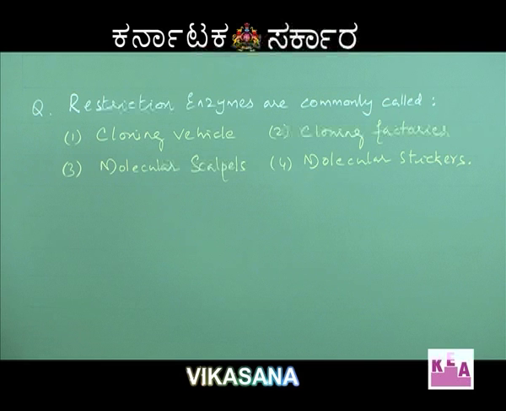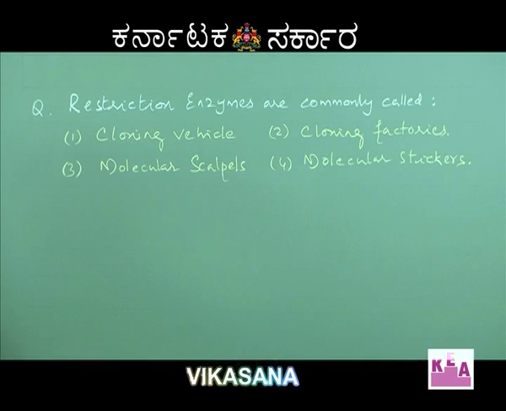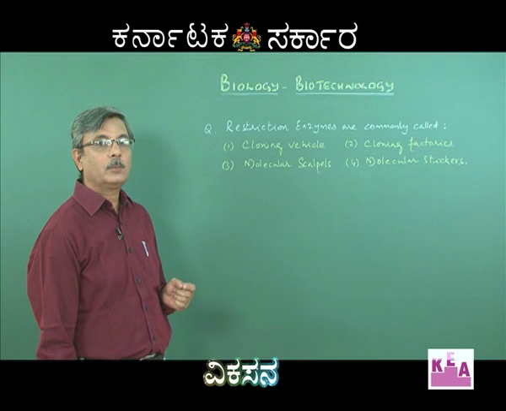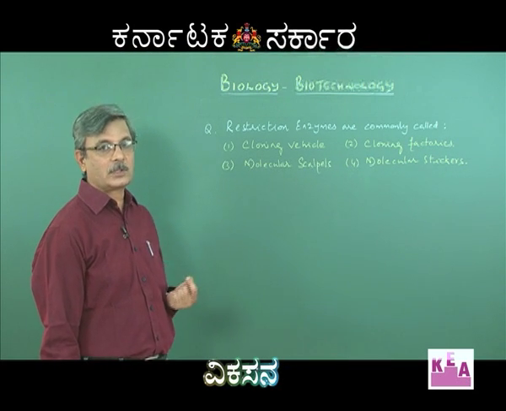So I ask you to remember what all these four actually stand for. Of course, you can very easily pick the answer, I hope. Restriction enzymes, already we know Hamilton Smith was first to isolate the restriction enzyme. We called it HindII because it was extracted from Haemophilus influenzae.